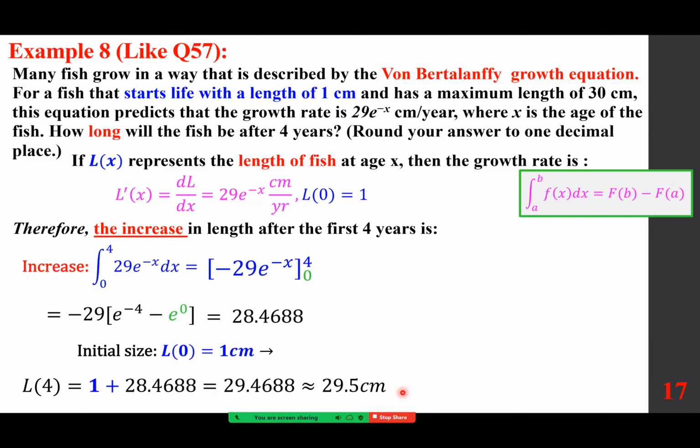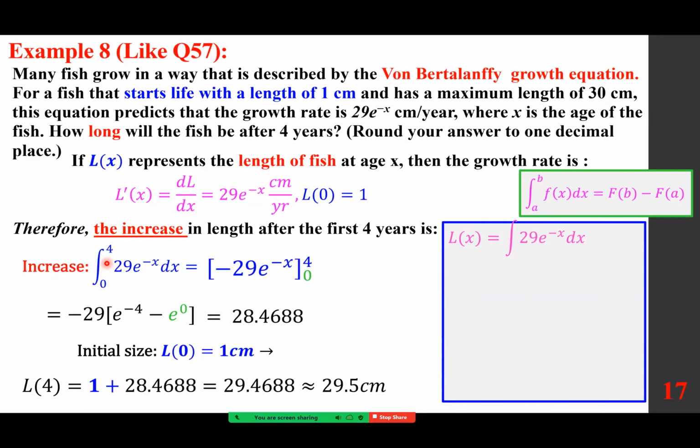So what I want to show you is actually the second method. The second method is to take the integral of this function. Since we did the definite integral, we know the answer is this one plus a constant, and we know L of 0 is 1.